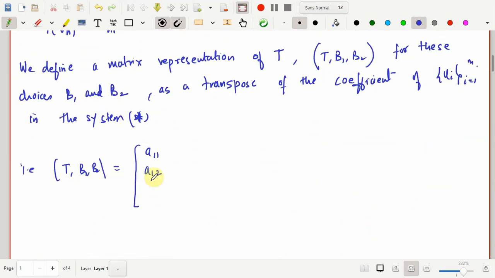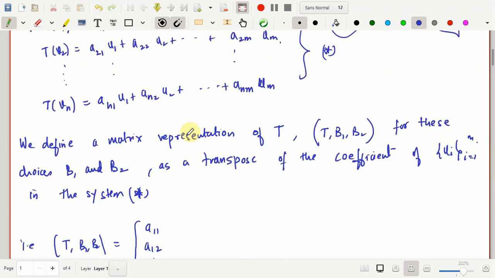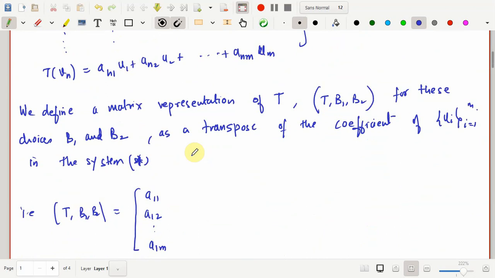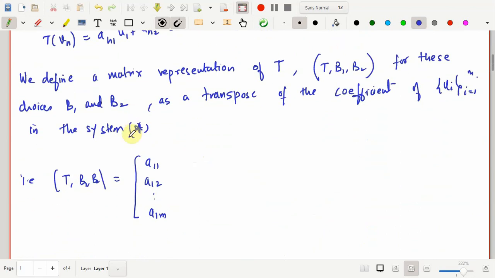Next, you just look at the second equation. So the coefficients of this one, T of V2, that is a21, a22 till a2m, will become your second column, not row.